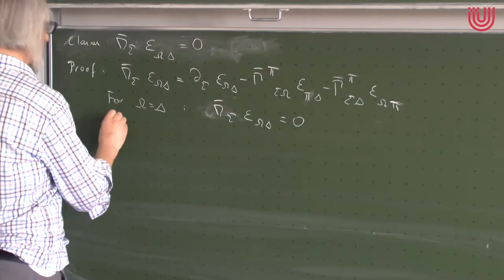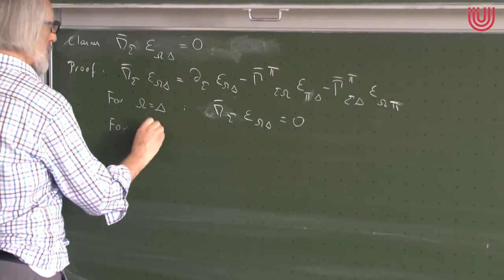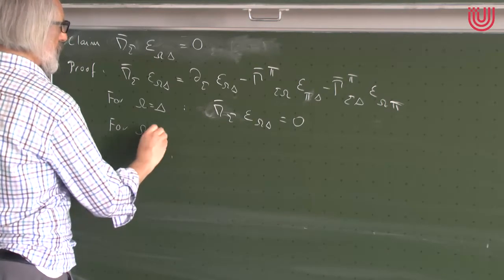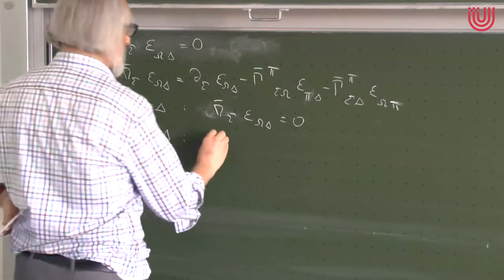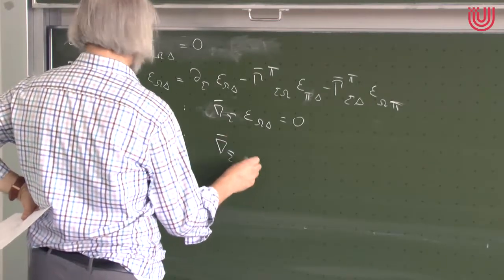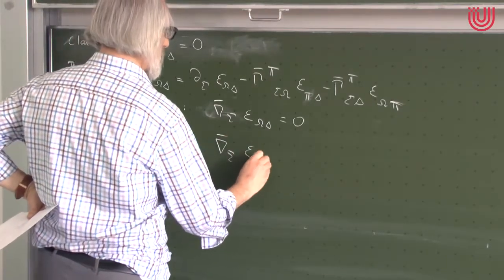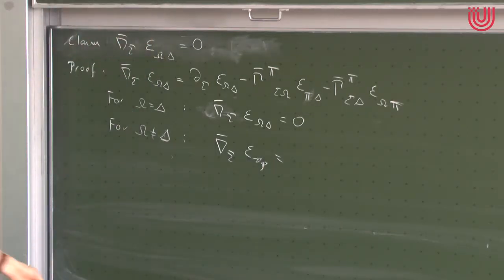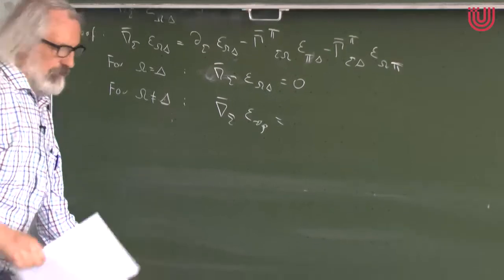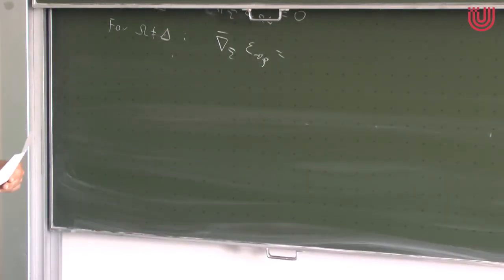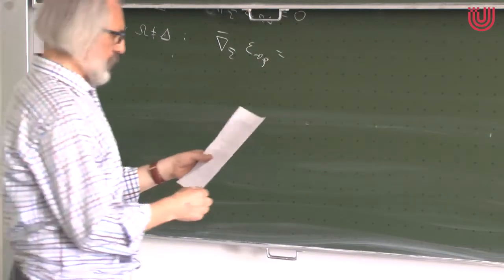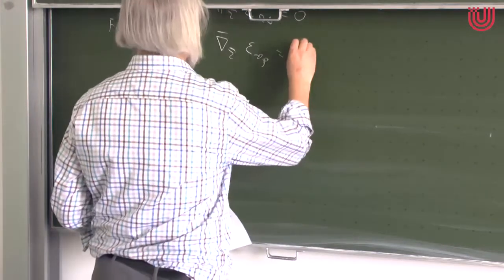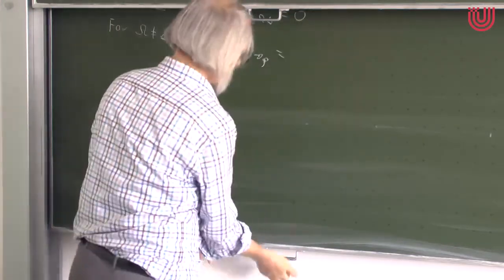So for omega not equal delta, we just have to consider the case that it's the derivative of omega theta phi. That's the only thing we have to consider. And this is what? So this is, yeah, I have to write this out actually. So this is, oops.